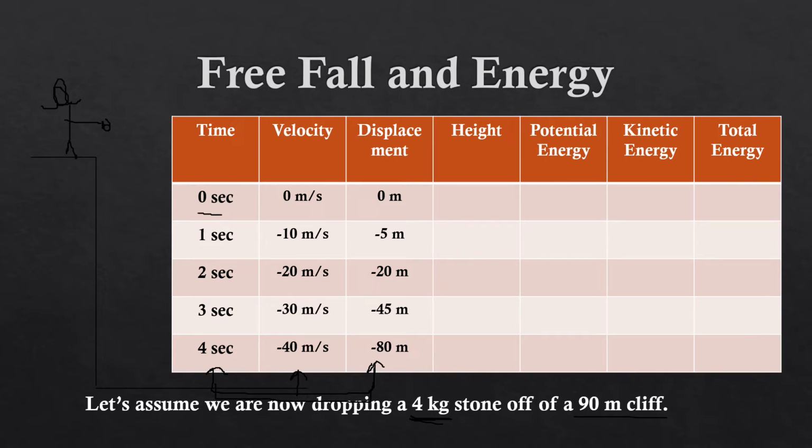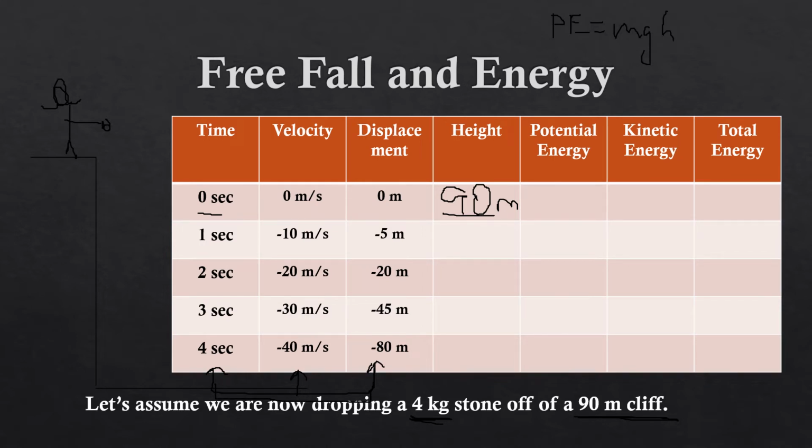At time 0, the velocity is 0, the displacement 0. What's the height? Well, if it's a 90-meter cliff, the height is 90. That's how high in the air it is. So what's the potential energy there? We cannot forget our equations. PE equals mgh.